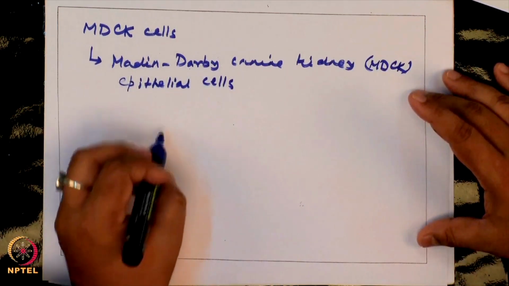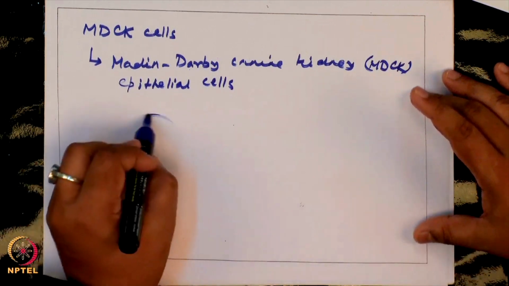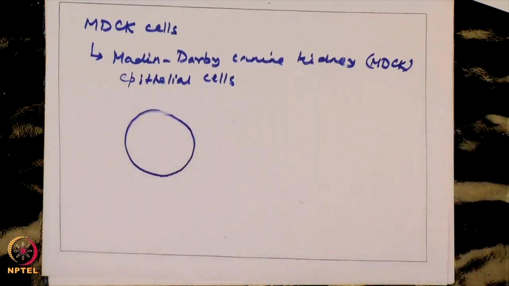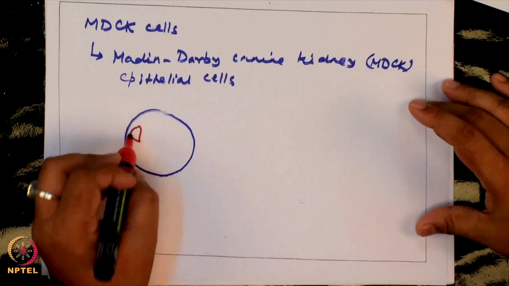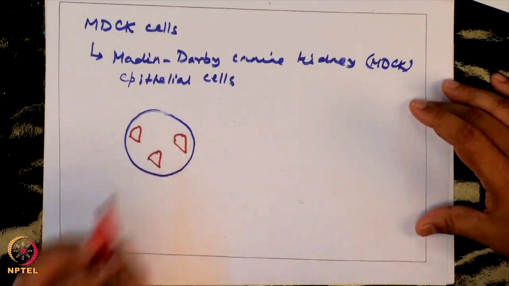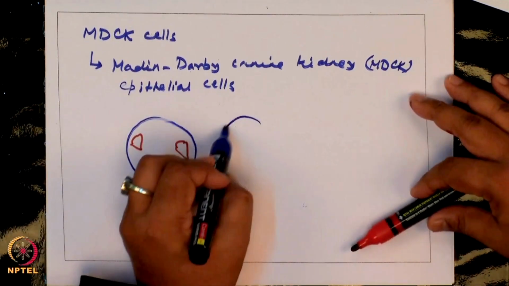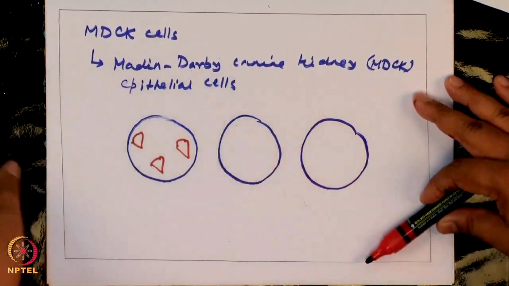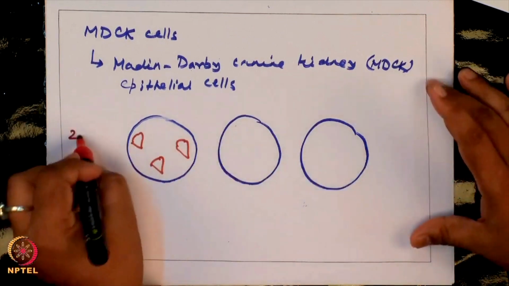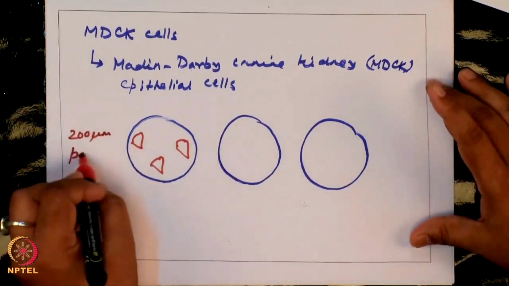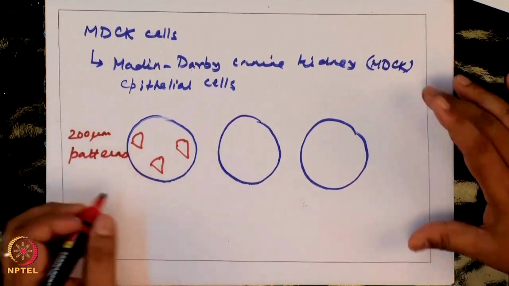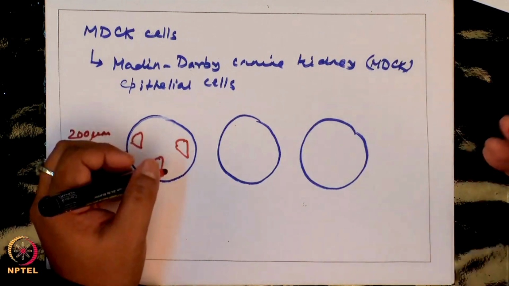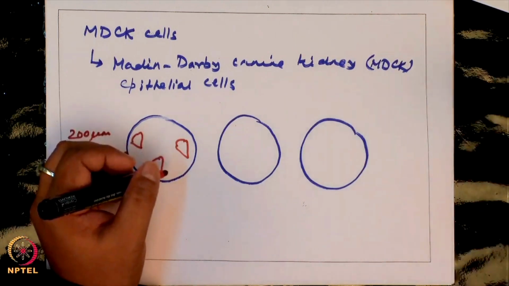If you plate these MDCK cells on a circular pattern, let us say roughly 200 micron patterns, these are probably coated with fibronectin or some other ECM ligand.